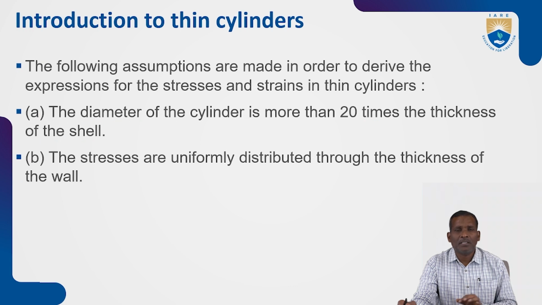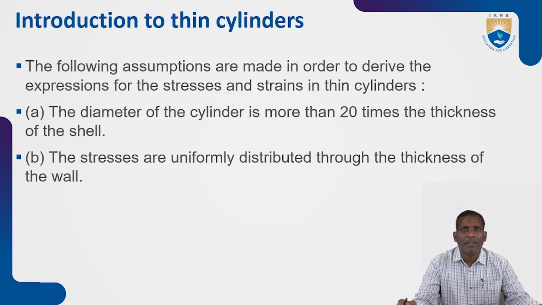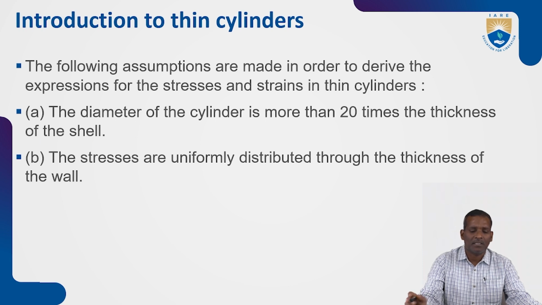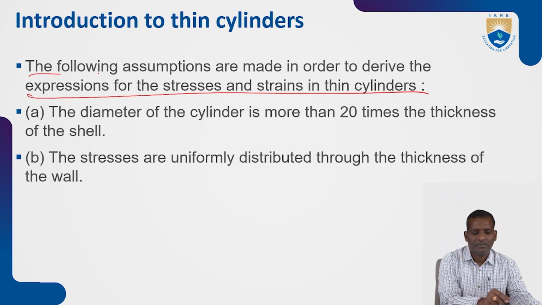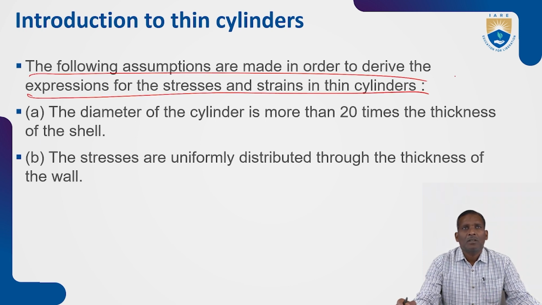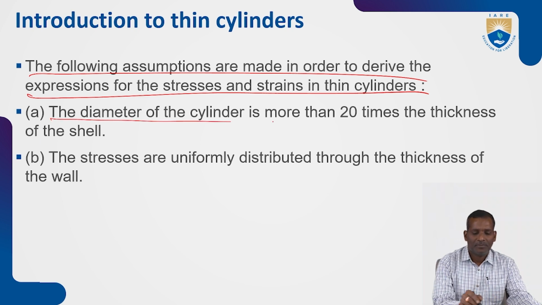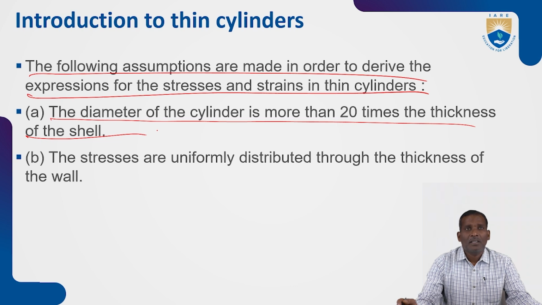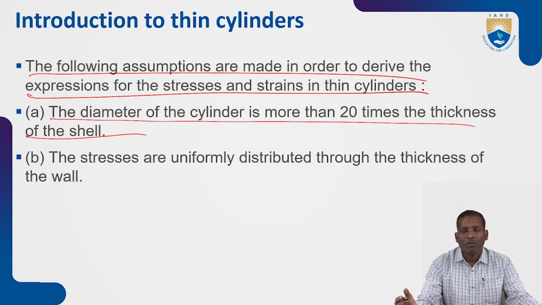The following assumptions are made in order to derive the expressions for the stresses and strains in thin cylinders. One, the diameter of the cylinder is more than 20 times the thickness of the shell. That is, 20 times the shell thickness is less than the diameter of the cylinder.